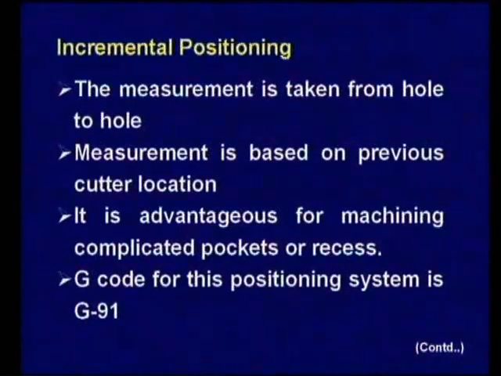Incremental positioning, in this the measurement is taken from hole to hole. Measurement is based on the previous cutter location. It is advantageous for machining complicated pockets or recesses. The preparatory code or G code for this positioning system is G91.